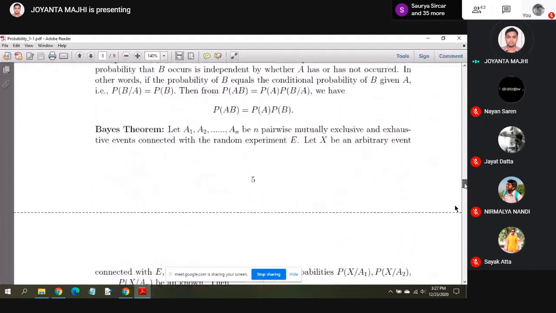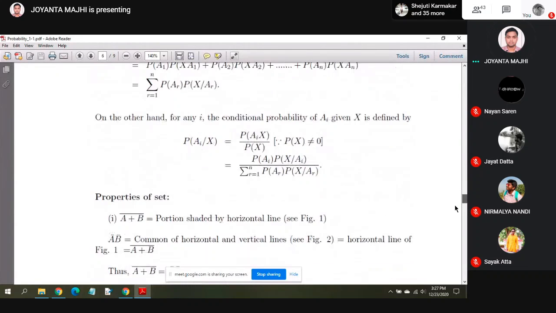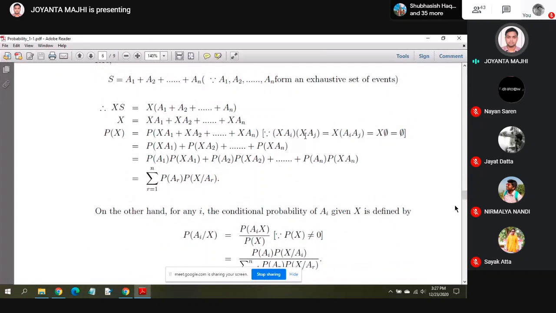Here the theorem says that the events are mutually exclusive. From this Ai intersection Aj equals phi, we said earlier that if Ai intersection Aj equals phi, that is Ai and Aj are mutually exclusive, then X intersection Ai and X intersection Aj are also mutually exclusive.